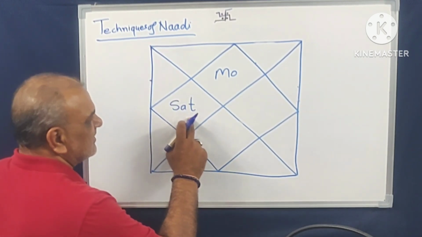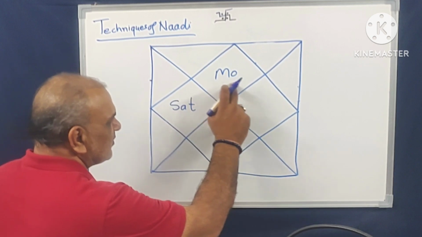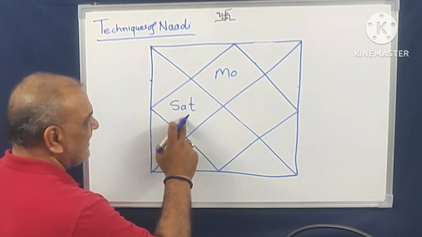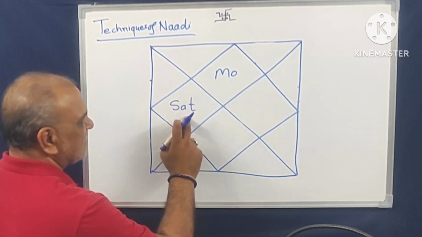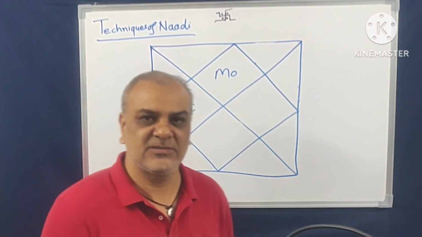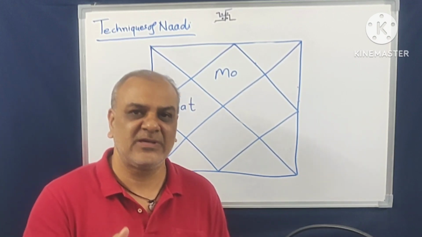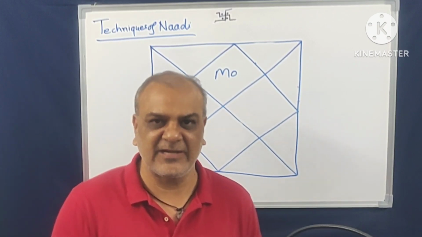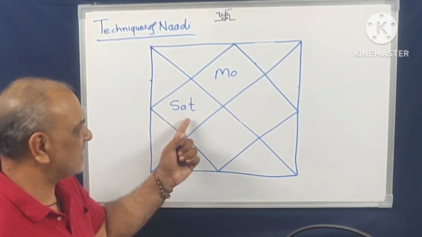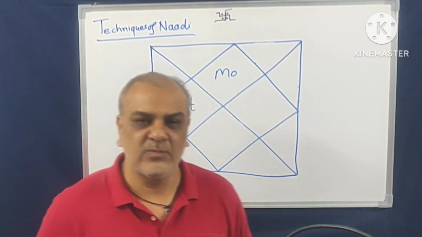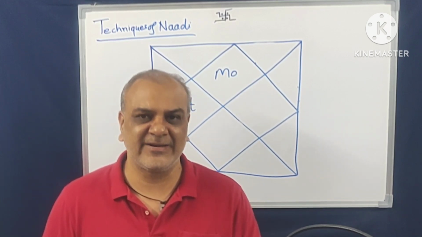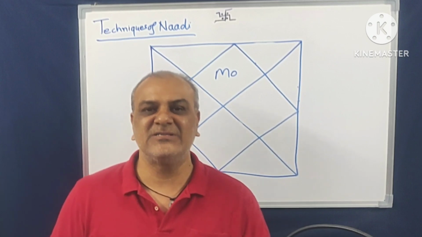So Saturn is the karaka for profession, Moon is the karaka for change of place. At this period of his life, whatever would be the age of the native, we can easily calculate through Jupiter, or you can calculate through the date of birth the native provides you. So at that particular period, the native will move to another city for his profession, because Saturn is profession, Moon is change.